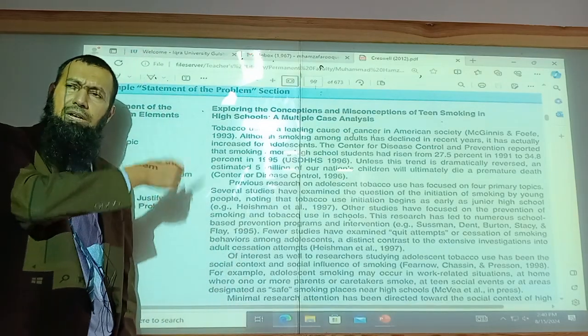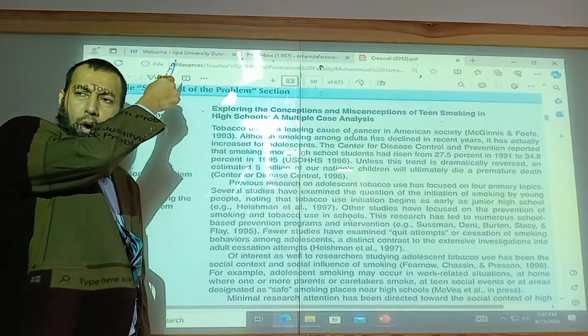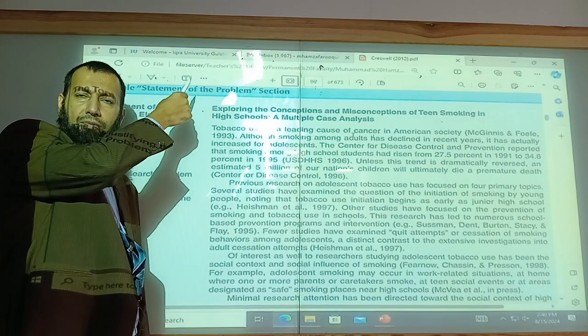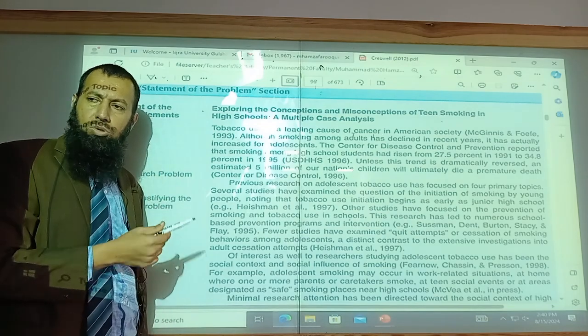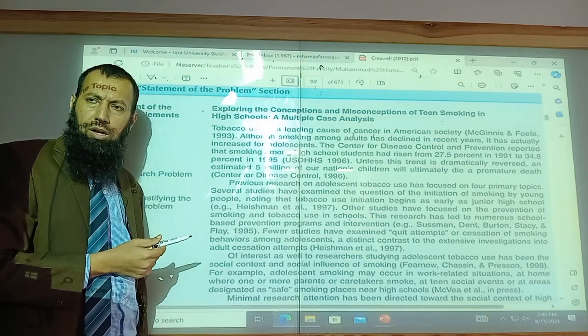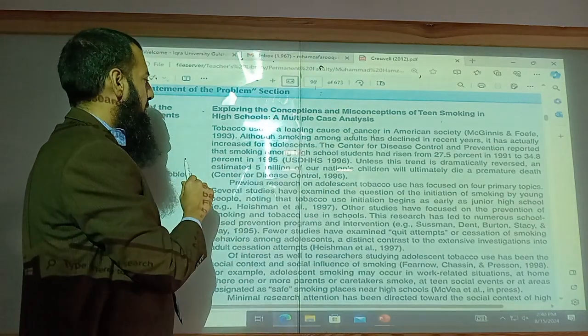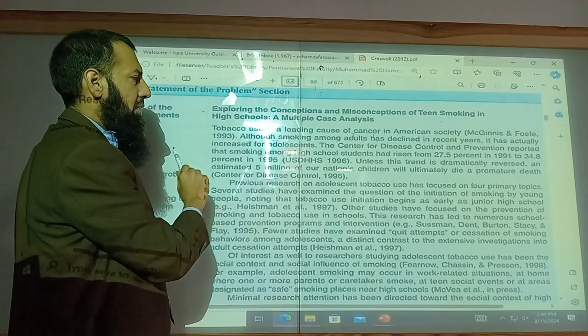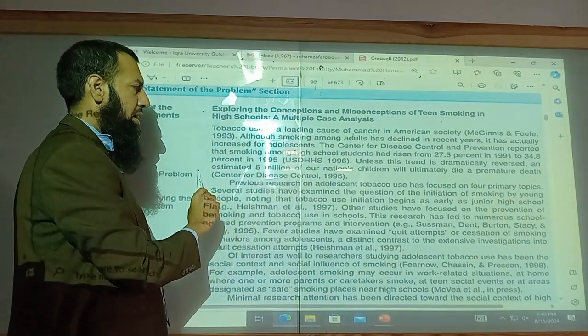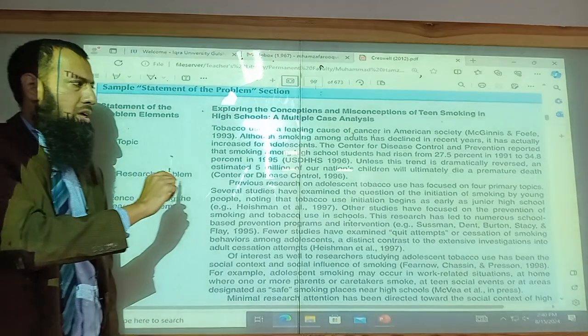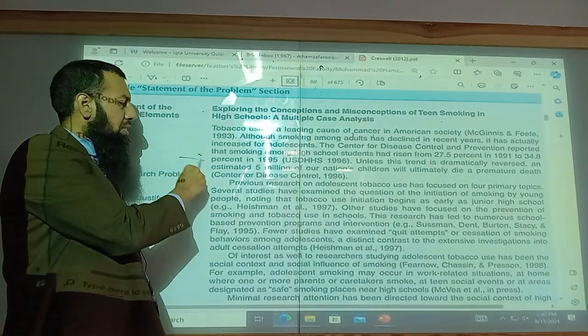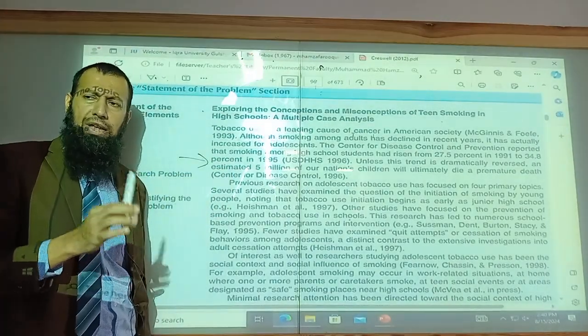You see, there is a contradiction. Above we talked about the Center reporting that smoking among young adults is rising, and unless this trend is dramatically reversed, an estimated number will die. So over there the perception is that there is no such research and there is no implementation.